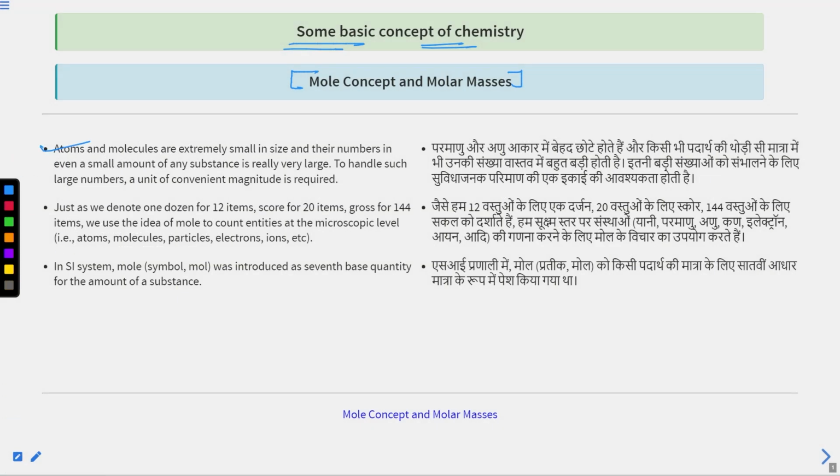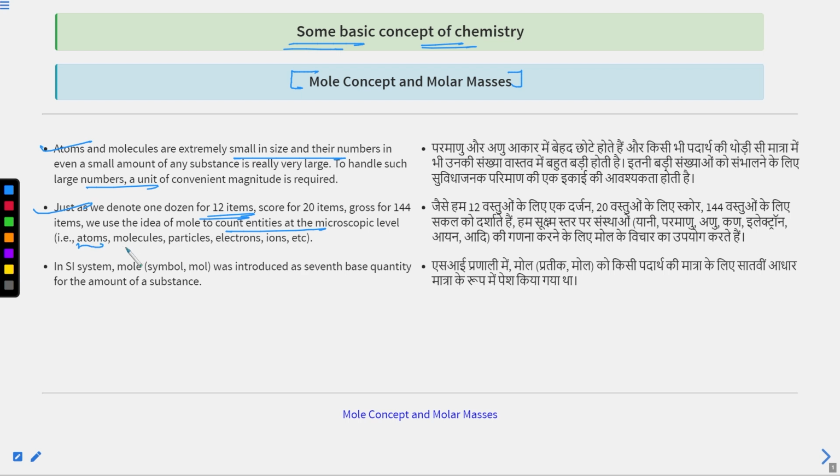So quantitatively you can see, atoms and molecules are extremely small in size and their numbers in even a small amount of any substance is really very large. To handle such large numbers, a unit of convenient magnitude is required. For example, as we say 1 dozen for 12 items, score for 20 items, gross for 144 items, we can use the idea of mole to count entities at the microscopic level.